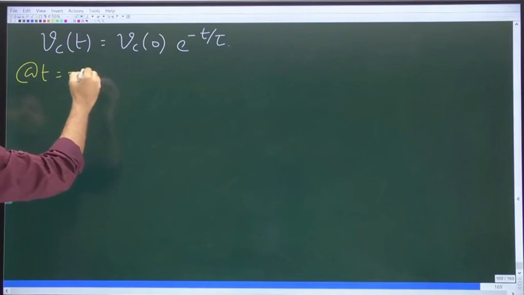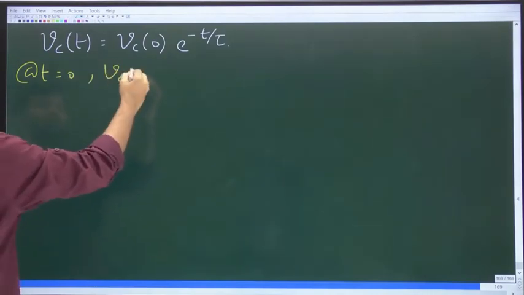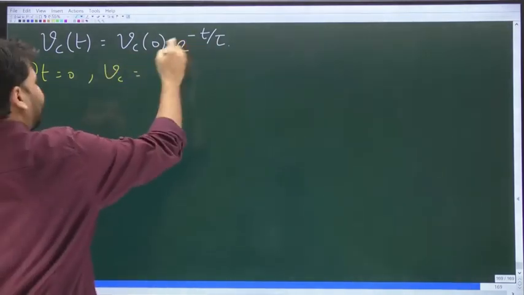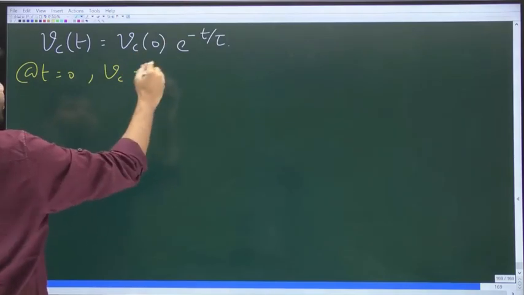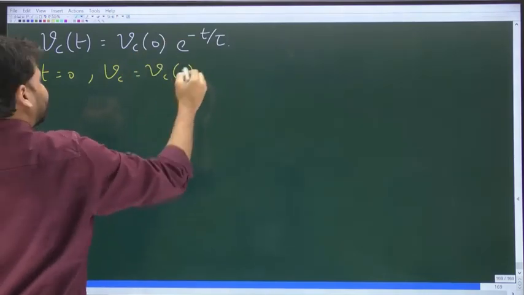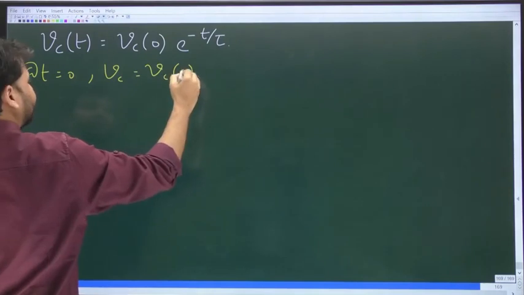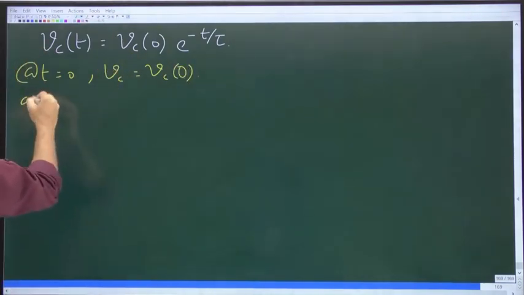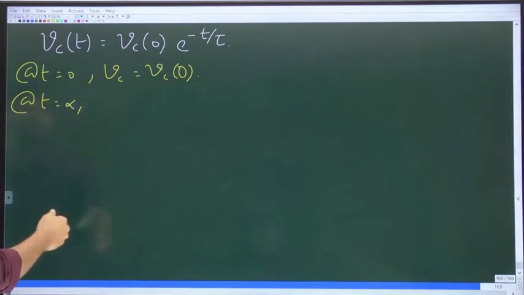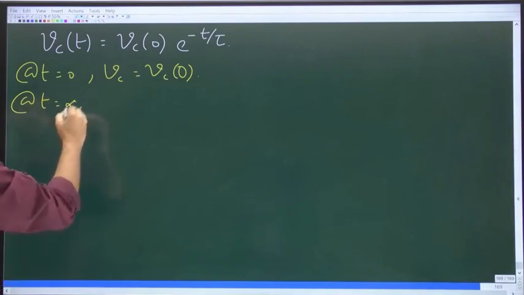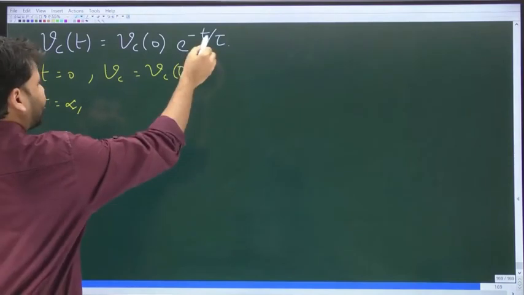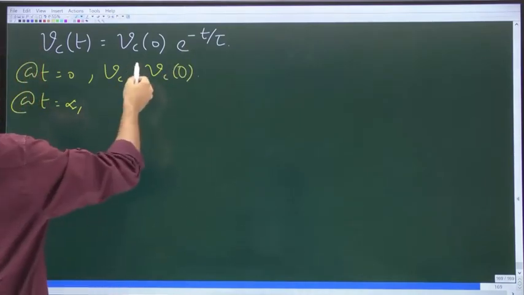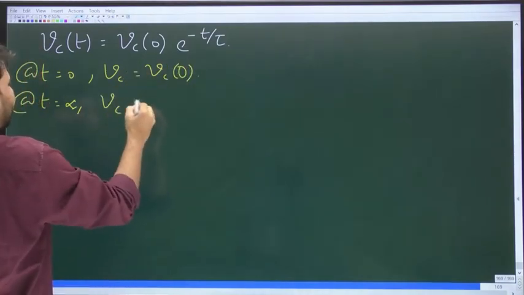If you put t equal to 0, e power 0 is 1, so Vc of 0 into 1 gives Vc of 0. And if you put t equal to infinity, e power minus infinity is 0, so Vc of 0 into 0 will be 0.